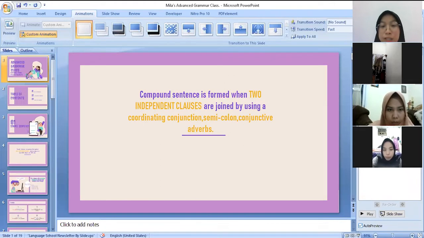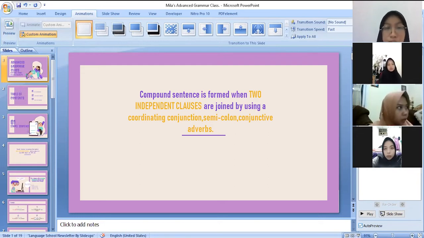A compound sentence is formed when two independent clauses are joined by using a coordinating conjunction, semicolon, or conjunctive adverbs. Independent clauses we have talked about in the previous material, and now we are focused on coordinating conjunction, semicolon, and conjunctive adverbs.